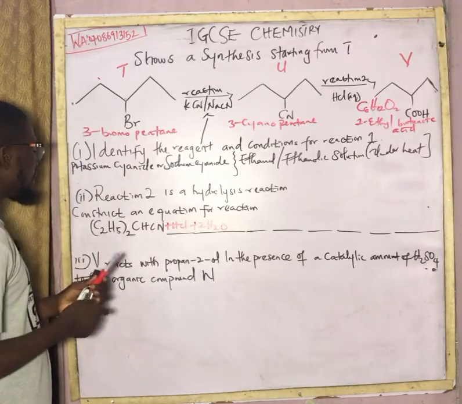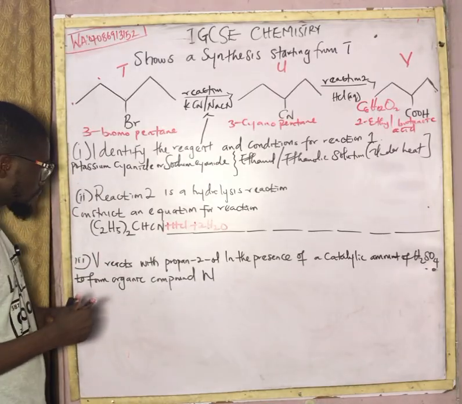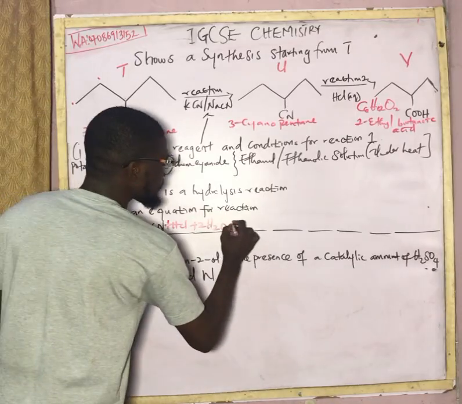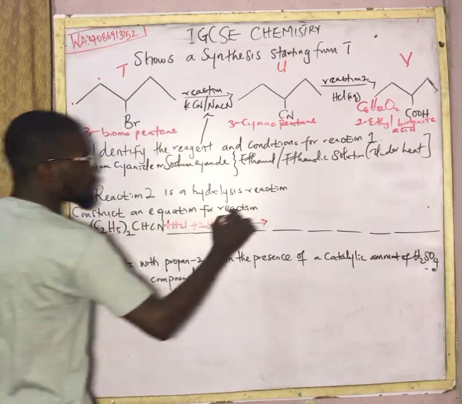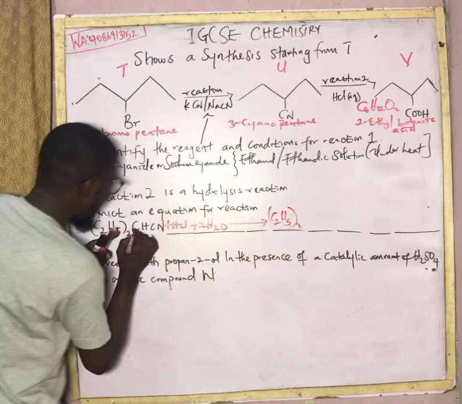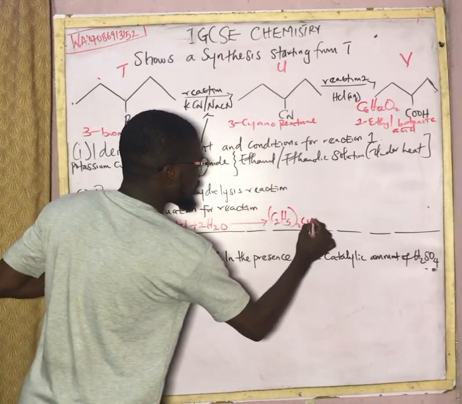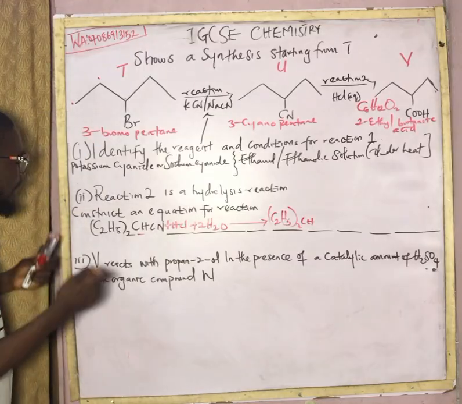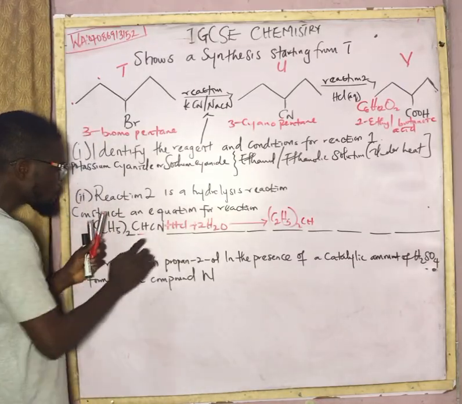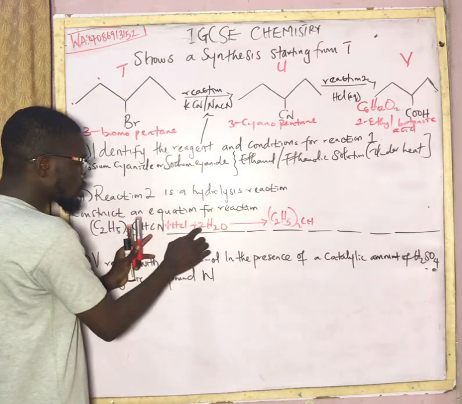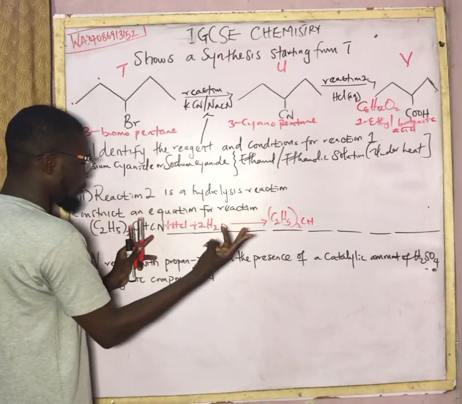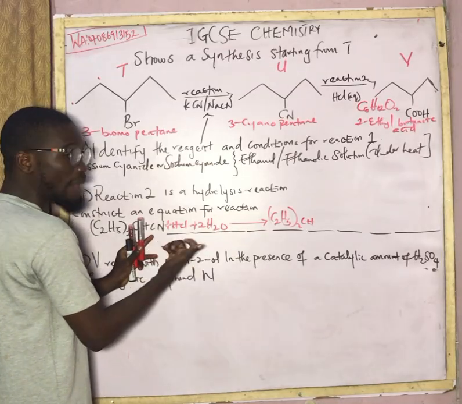Now, how do we balance this equation? What you have here will not change: C2H5 as well as this CH. Now, what will be the next thing here? For what you have on the whiteboard, this C here, how many oxygen do we have? We have 2. Hydrogen is 4, plus this we have 5.